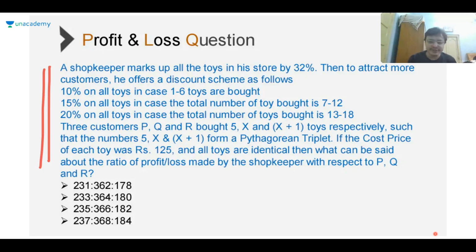Again, this question might seem to be very lengthy, but it can be answered using only a 30-second approach.